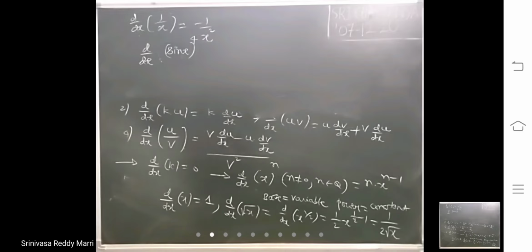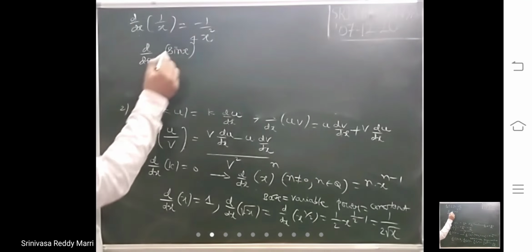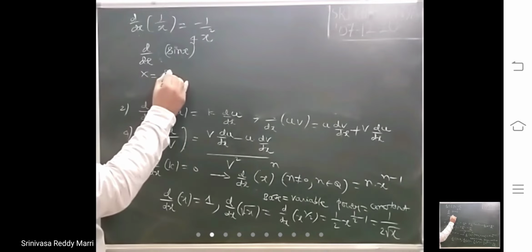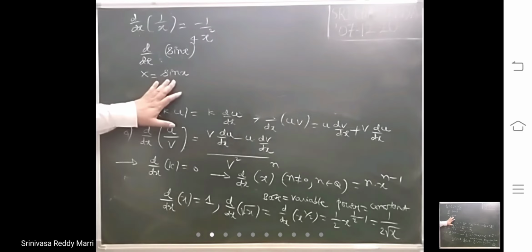This is not a standard rule, but a power number is there. A power number is there means this is of the form x power n. Always, if a power number is there, this function, sine x, you take as capital X. That is what I am telling.